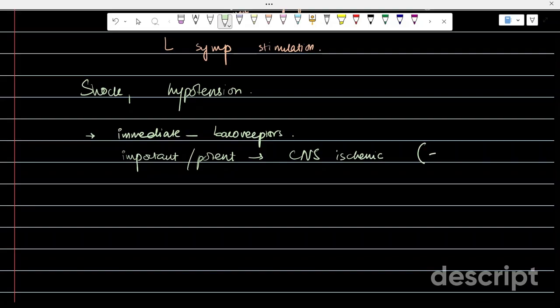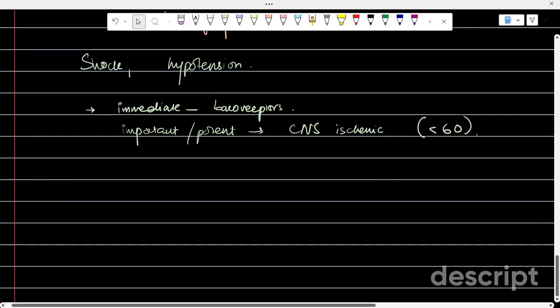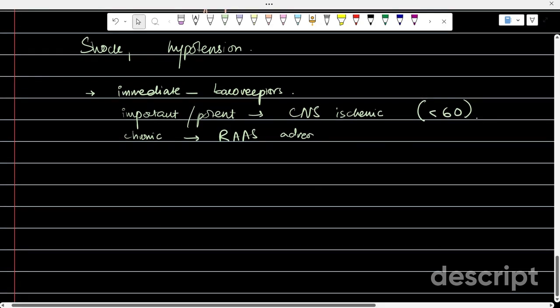This is usually when the blood pressure falls below 60. It triggers the CNS ischemic response. The chronic and long-term maintenance is through the renin-angiotensin system. So sympathoadrenal is the response in shock as a whole.